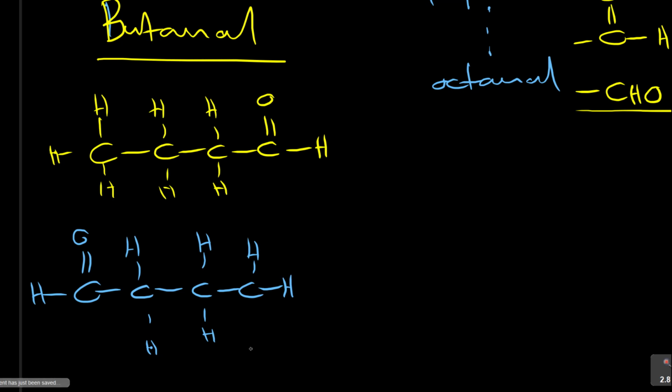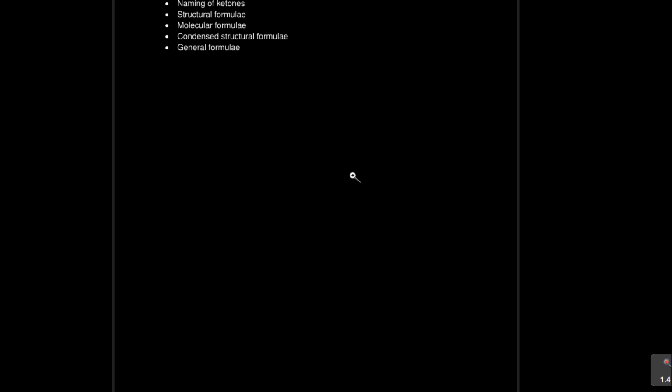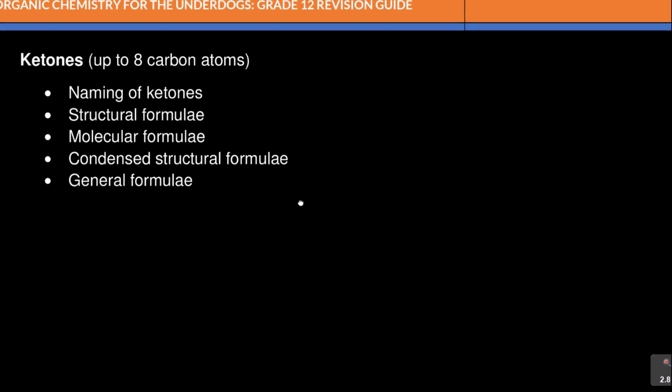Alright, now when we have done that one, we move on to ketones, and I think these are the last ones. Actually, yes, it's ketones, because esters we're going to name later. Ketones.